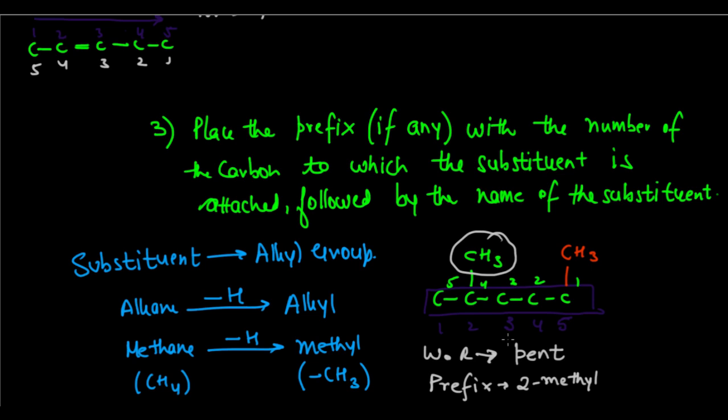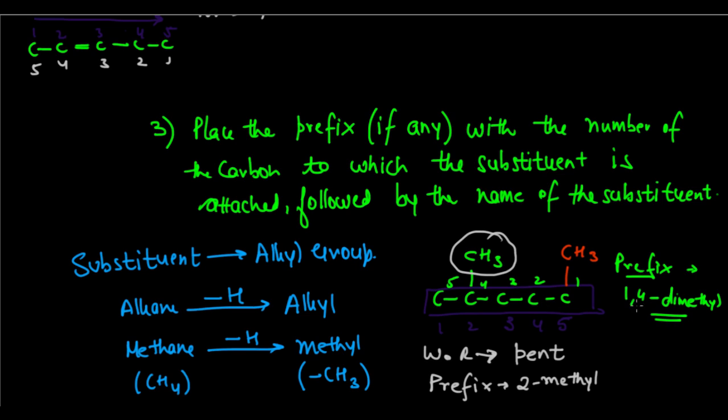If there are 2 substituents attached, you need to check the sum of the numbers the carbons are getting, and then take their sum. The lowest sum, that's how you have to number it. Okay, so you number it like this then. And in this case, if it's attached like this, then the prefix will be 1,4, because both 1 and 4 have a substituent. 1,4-dimethyl, because there are 2 methyl groups attached, right?